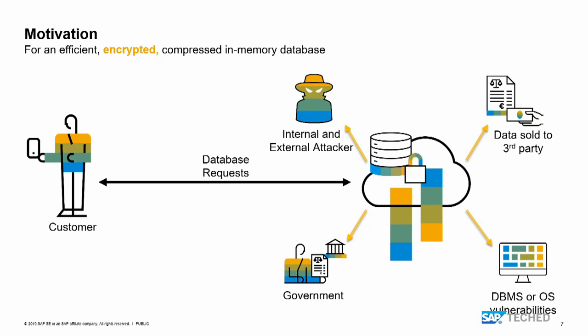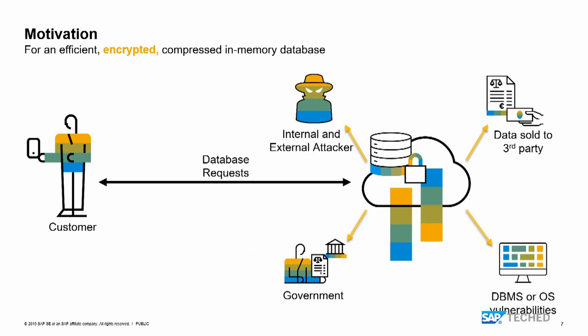So our idea is to encrypt the database. All data in the database should be encrypted at all time. To make it explicit, we don't talk about at-rest encryption here. This is done by HANA. Today, many databases do that. We also don't talk about in-transit encryption. Many databases do that.